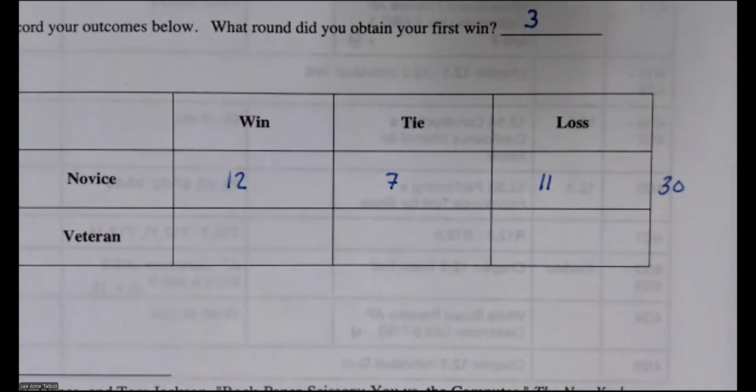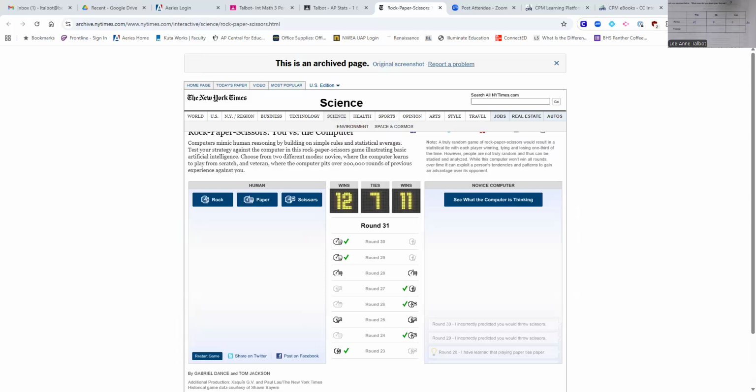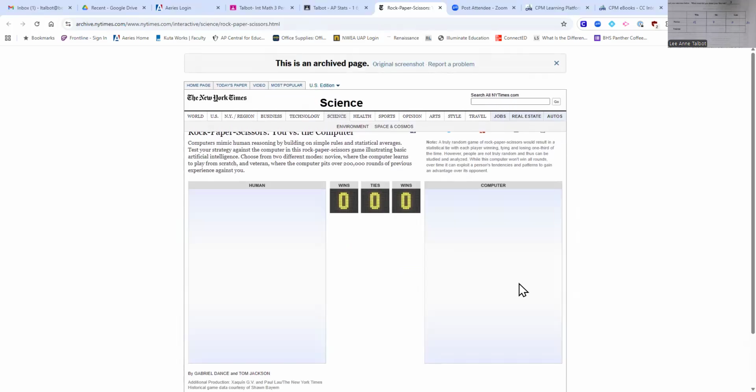When you get to that point, then hit refresh, and then go to the veteran mode and do the same thing.